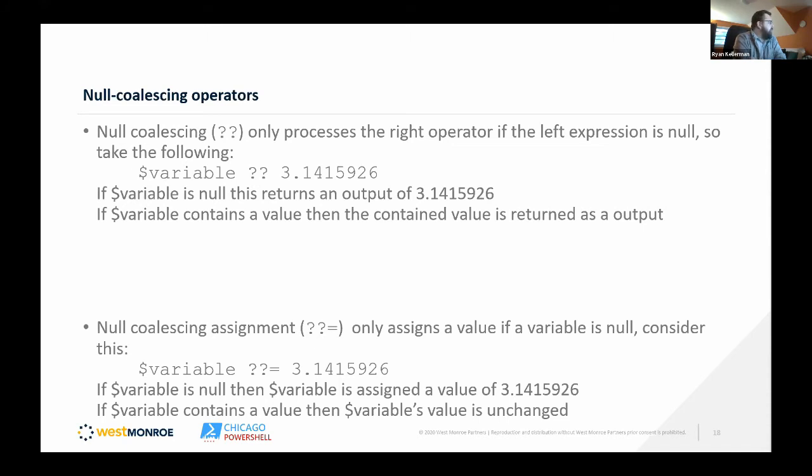Null coalescing only processes the right operator if the left expression is null. So I have $variable, then my double question mark operator, and then I threw pi in there, 3.1415926. If the variable is null, it's going to proceed to execute the right-hand side and return an output of the string I put in there, 3.1415926.